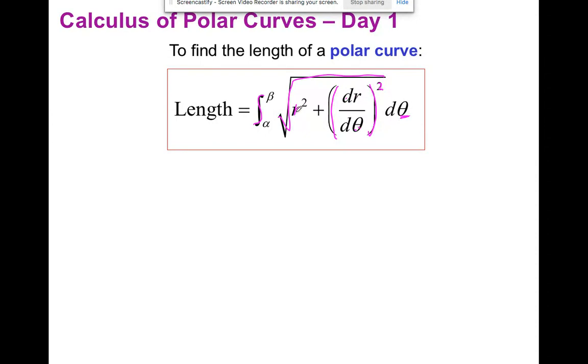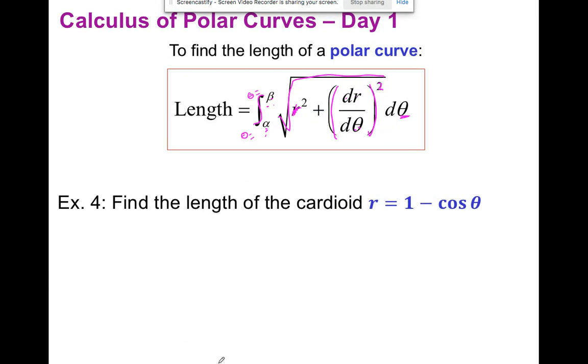You have an expression for r in terms of theta, which means your limits of integration are theta values, from 0 to pi over 2, from negative 2 pi to 2 pi, from 0 to pi. So what if I asked you to find the length of this cardioid?